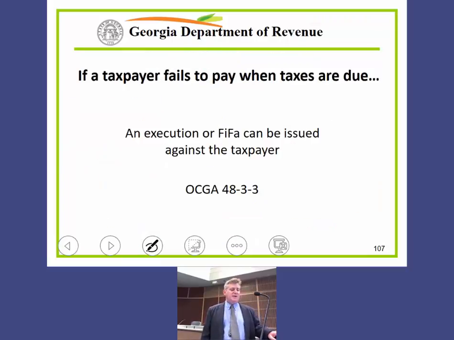All right, if a taxpayer fails to pay the taxes when they are due, an execution or FIFA can be issued against the taxpayer. Is everybody familiar with what an execution or FIFA is? Okay. The terms are used interchangeably. They mean the same thing.